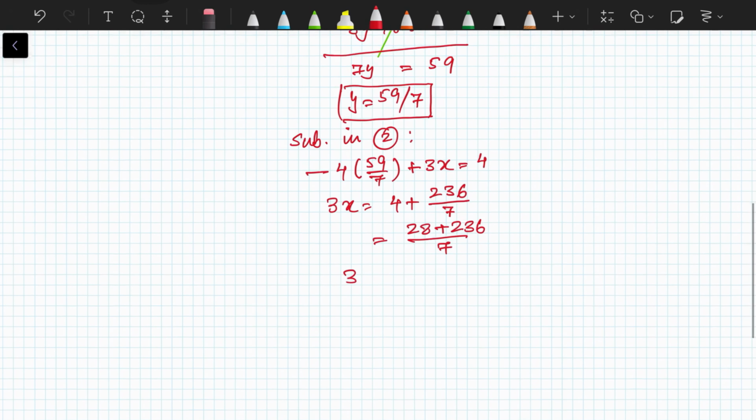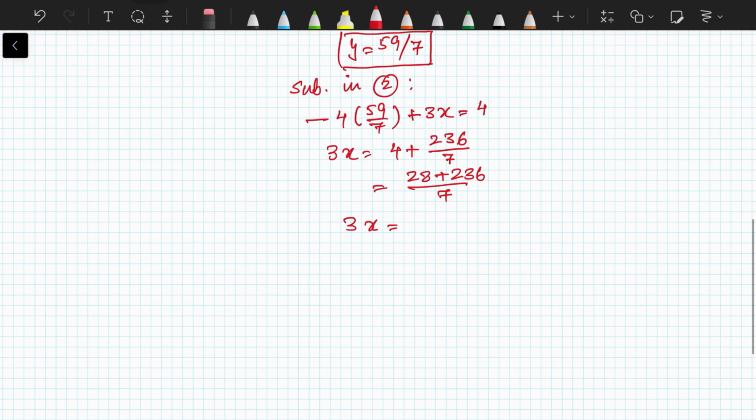So my 3x is going to be equal to, if you add them together, 264 divided by 7. And therefore x is 264 divided by 7 times 3. And you can cancel 3, there is a common factor 3 in the upper part, 88. So therefore my x value is 88 over 7.